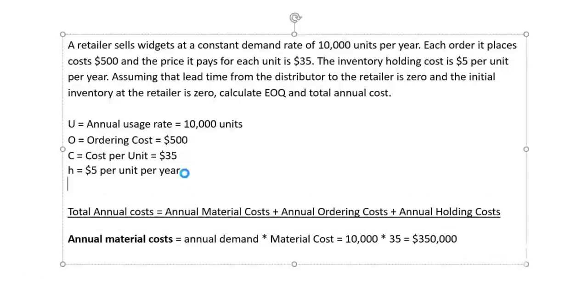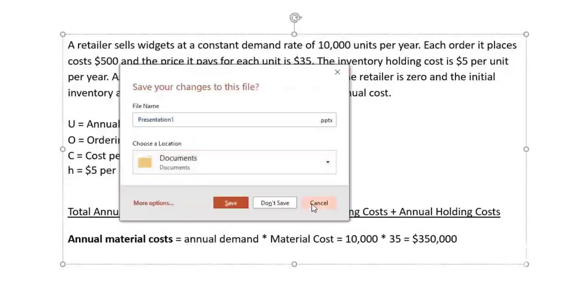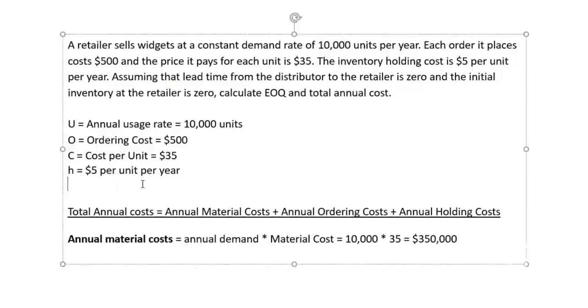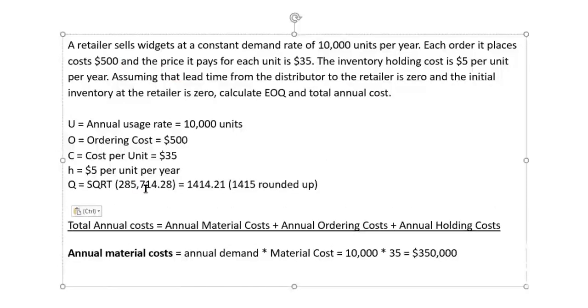So in this example, we have 1,414.21, or 1,415, because you can't order part of a unit. So we have 1,415 units.